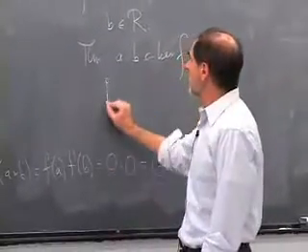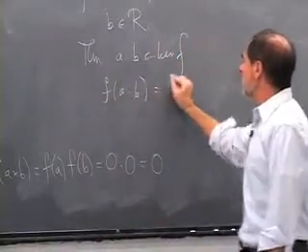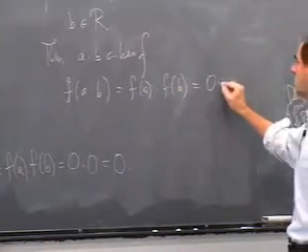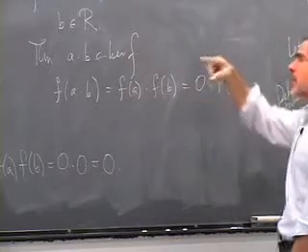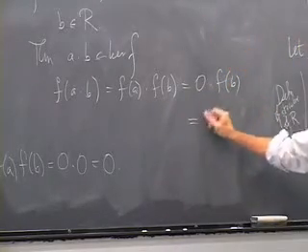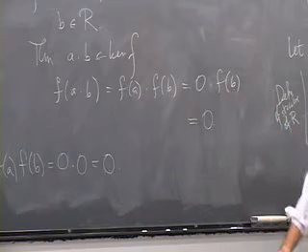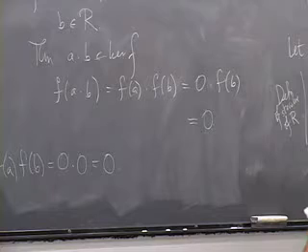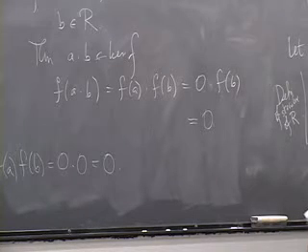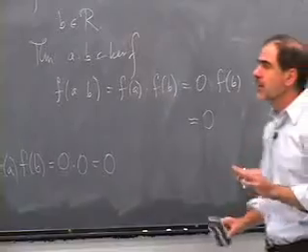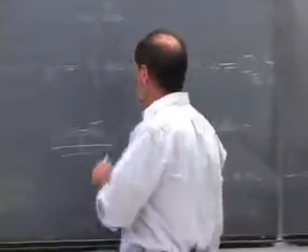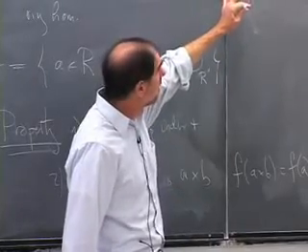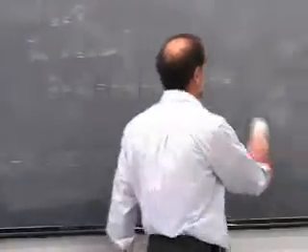And the proof is f of a times b is f of a times f of b, which is 0 times f of b. And we just saw in the proof where that 1 is equal to 0 business that for any element in the ring, 0 times the element is 0. And so a times b is in the kernel. Okay? So it's better than stable under plus and multiplication. It's stable under plus, and it's stable under multiplication even when you leave it. The second element can be anywhere.